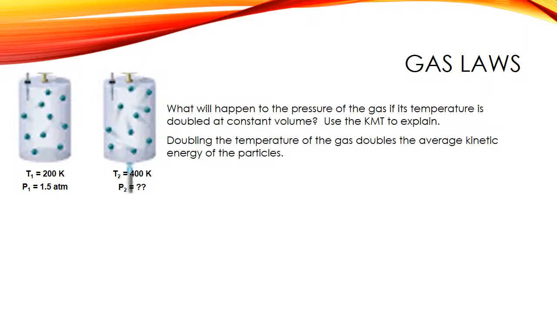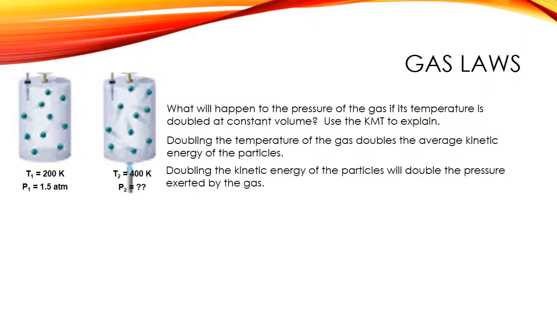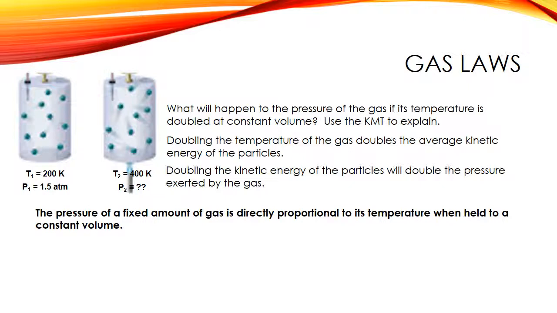So doubling the temperature of the gas will double the average kinetic energy of the particles. We kind of already have that idea from our discussion on temperature. So doubling the kinetic energy of the particles, that will double the pressure exerted by the gas, just because there's twice as much energy there.